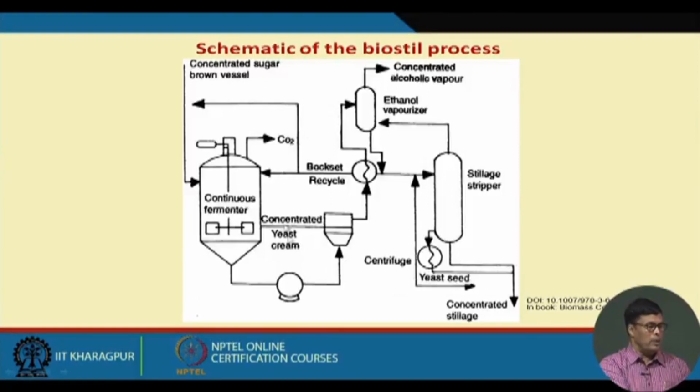In this way the process becomes very economical, and, as I told you, the amount of stillage production, the amount of effluent production, is drastically reduced. This is also 1/10 as compared to the batch process. So the expenditure involved for the wastewater treatment process is also significantly reduced.